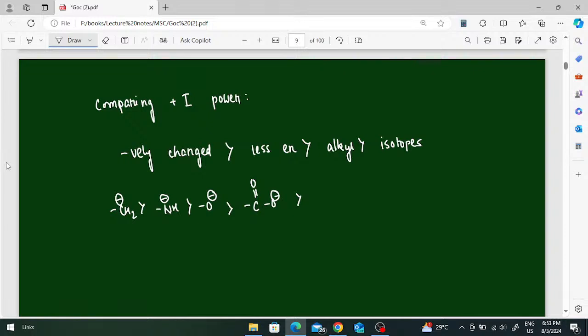Then comes the less electronegative groups, where magnesium wins over silicon, and here you have 3 degree alkyl winning over 2 degree, 2 degree over 1 degree over methyl, and these win over the isotopes. Among the isotopes, I have tritium, deuterium, and hydrogen has the least plus I power.